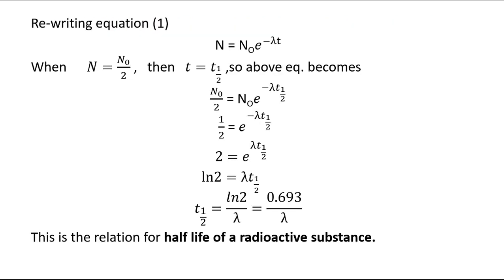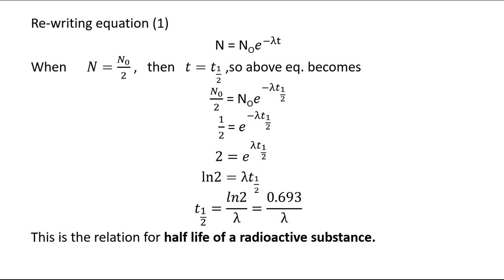If we want to find the half-life, from equation 1 we replace the number of nuclei N by N naught over 2, because the number of parent nuclei is reduced to half at time t equal to T half. T half is our half-life.